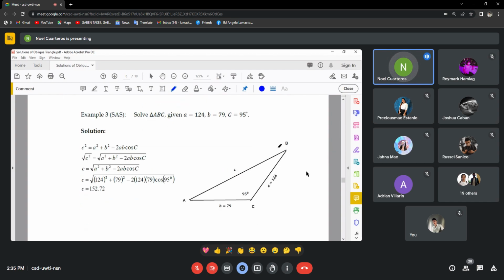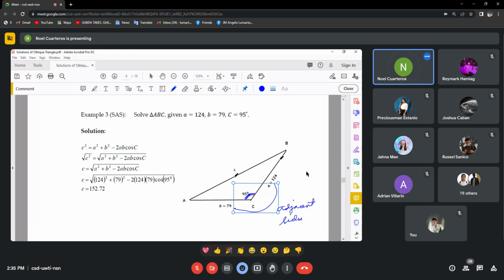If we graph it, these two sides are what we call the adjacent sides of our angle.